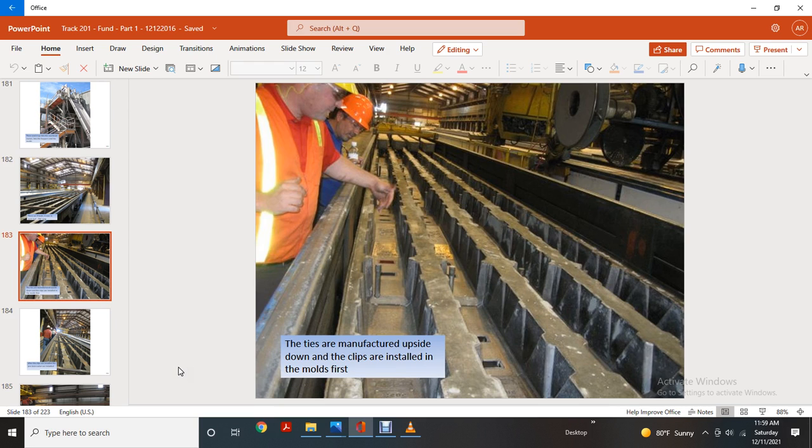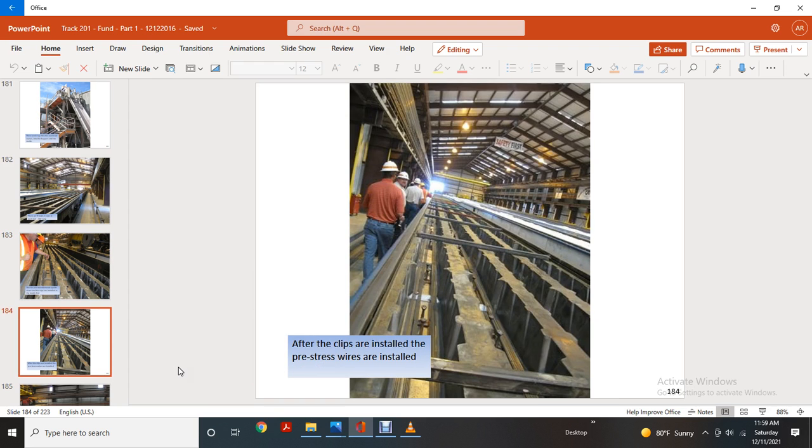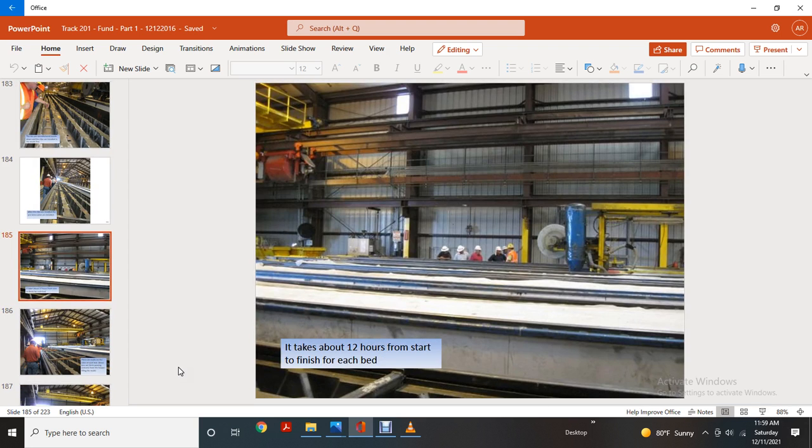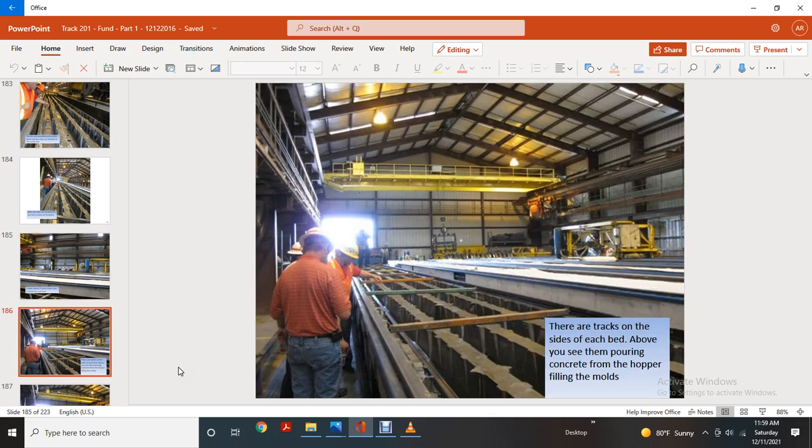The ties are manufactured upside down, but the clips are installed in the molds first. After the clips are installed, the pre-stressing wires are installed. It takes 12 hours from start to finish for each bed. You can see them pouring concrete with a hopper, filling the molds.